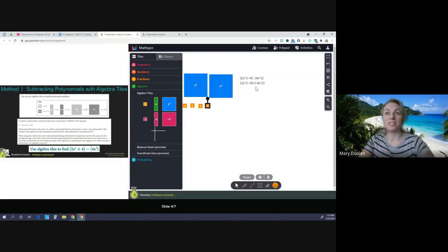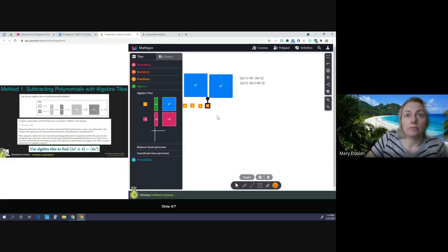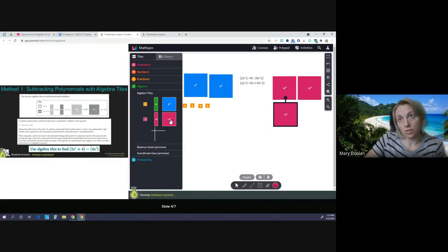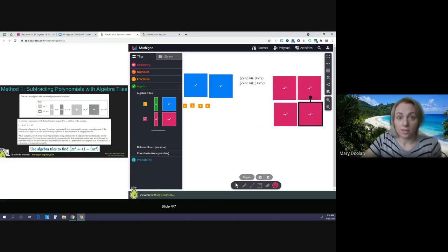So I want to represent negative 4x squared. That means I have 1, 2, 3, 4 negative x squareds. So far I've just represented the two polynomials with algebra tiles.